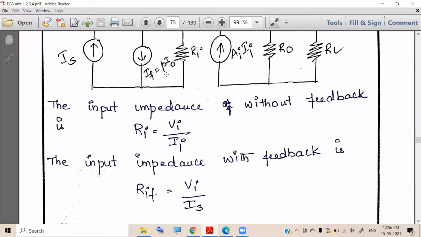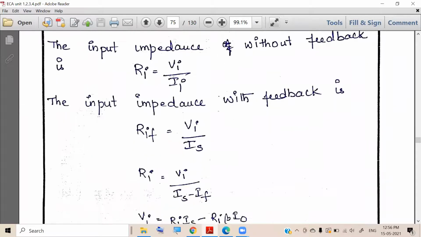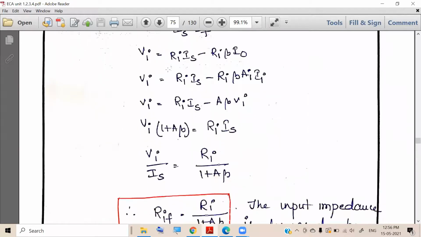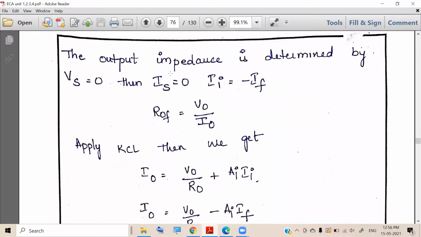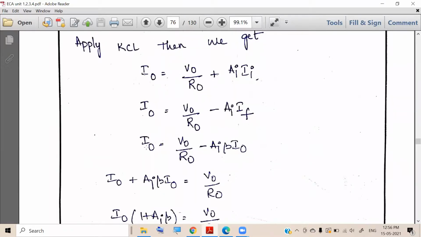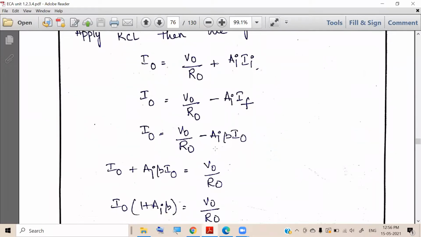So in place of IF, we write beta into I naught. LHS has an I naught term and RHS also has an I naught term. Same old story, get the I naught terms together. So this minus AI beta I naught, let us send it to LHS, and it becomes plus AI beta I naught, with V naught by R naught as it is.